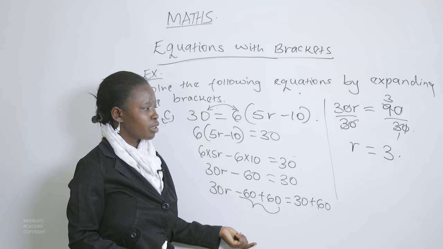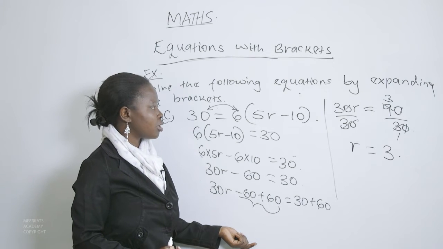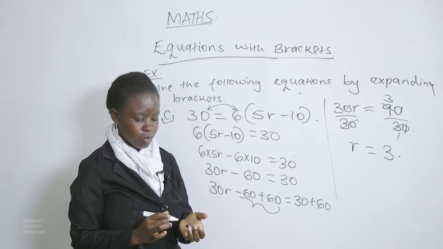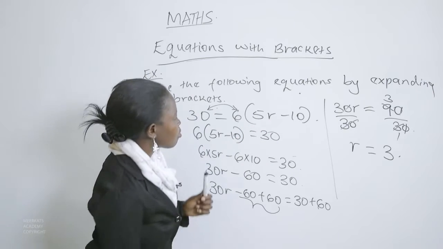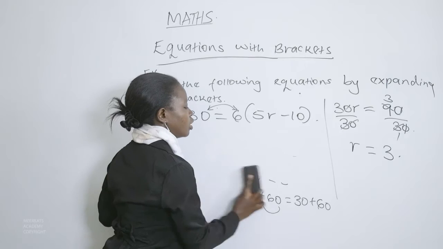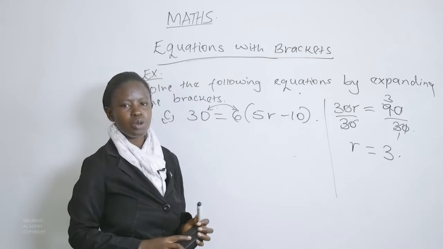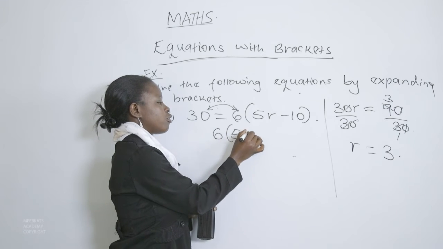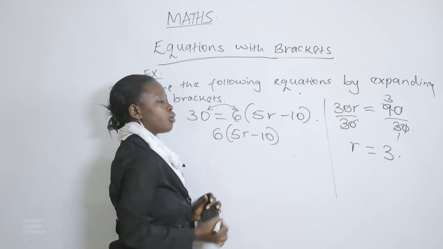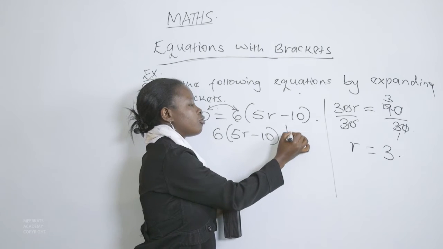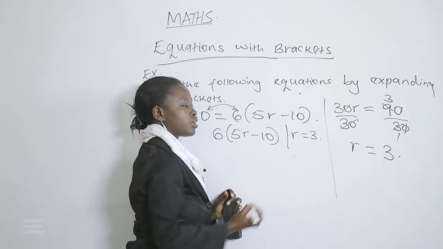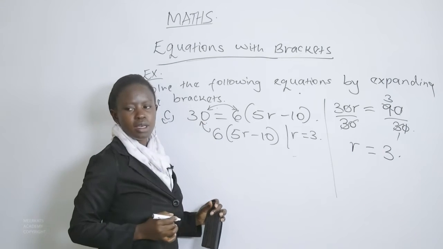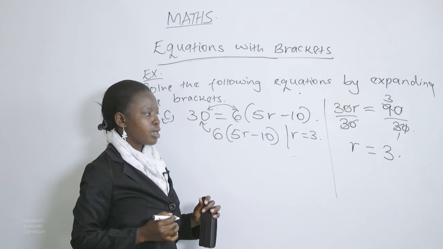Just to confirm, if our value for r is 3, we should get 30 in this expression. We have 6 into 5r minus 10. I want to substitute the value of r as 3 and find out if this will give us 30 as our answer.